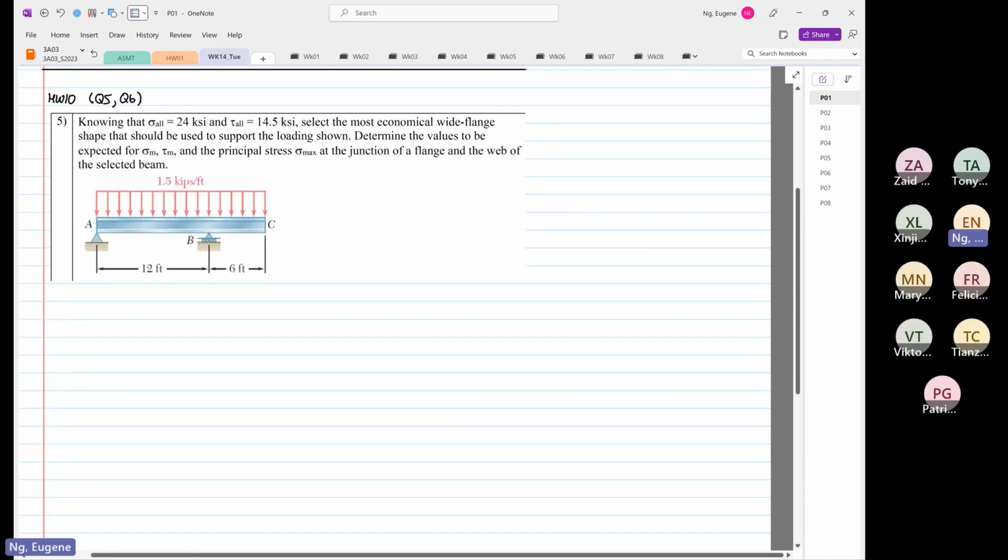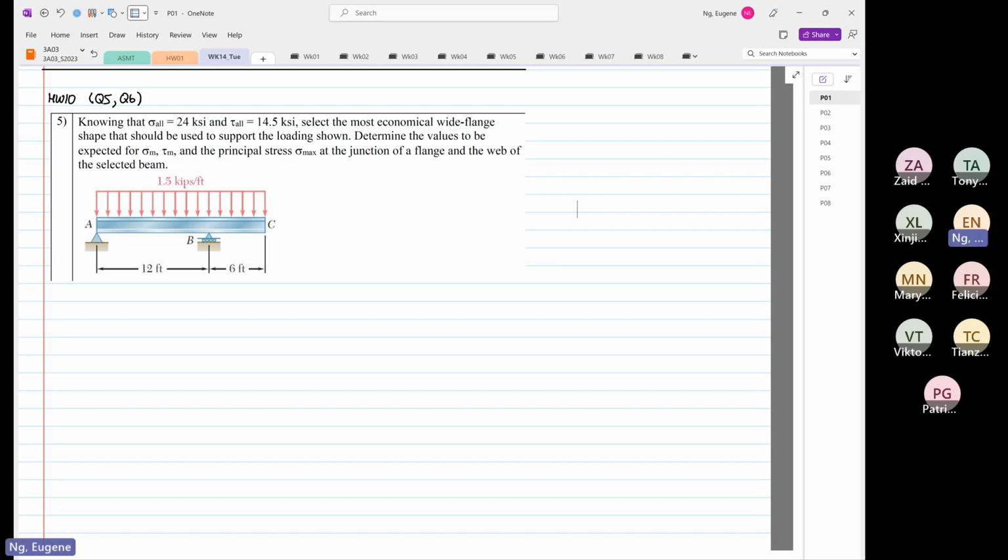Determine the most economical wide flange shape that could be used to support the loading. Determine the expected sigma max, tau max, and the principal stresses at the junction of the flange and the web.